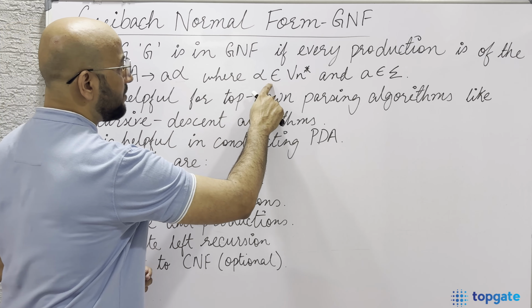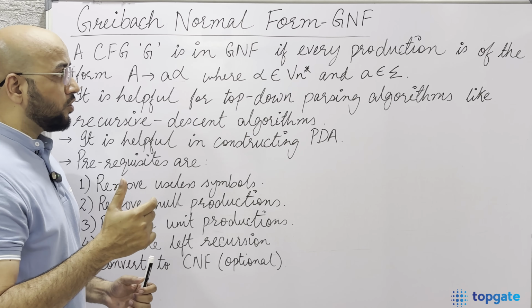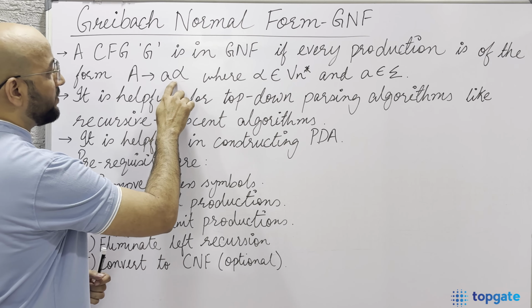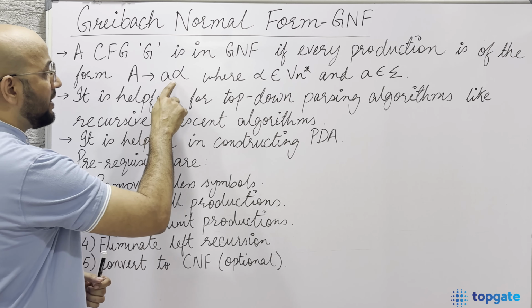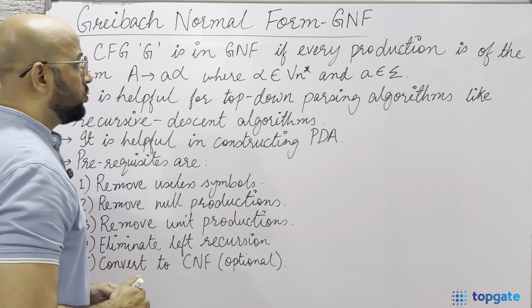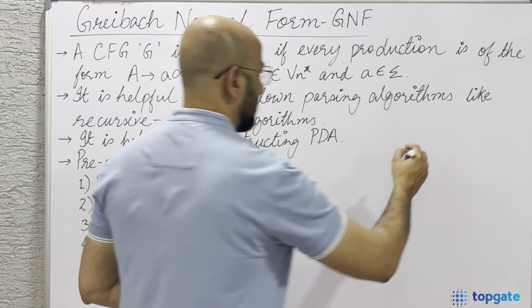Since we have this alpha belongs to Vn star, that means this alpha is the combination of any number of variables including null. So we can have even a null here, or we can have any combination of any number of variables. Clear?